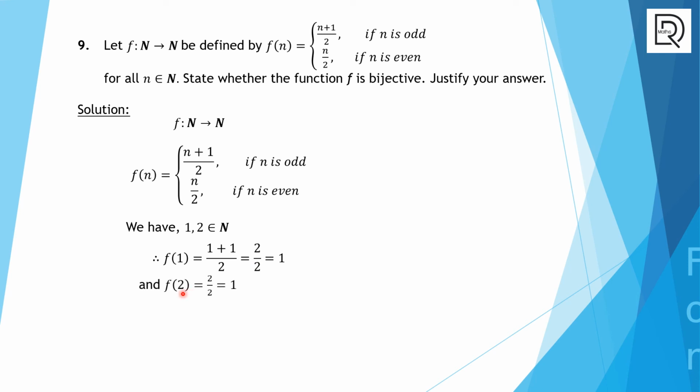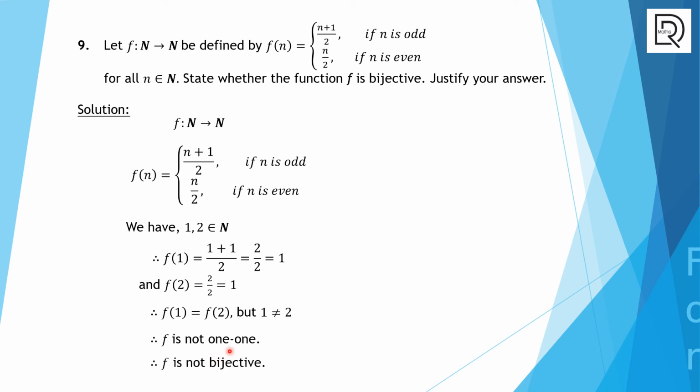Again f(2) = 2/2. Since 2 is even, we use this definition. So 2/2 equals 1. So we get f(1) and f(2) both are the same, equal to 1. But 1 is not equal to 2. So here we can say our given function is not 1-1.